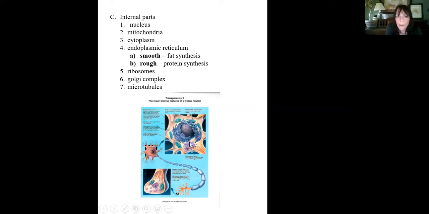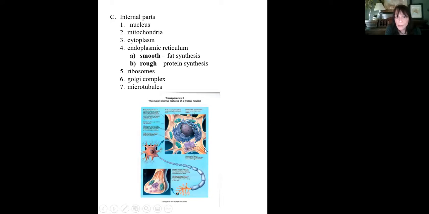This here is the Golgi complex. That is important for taking, packaging, and moving products from the nucleus and that cell down to other areas of the neuron.